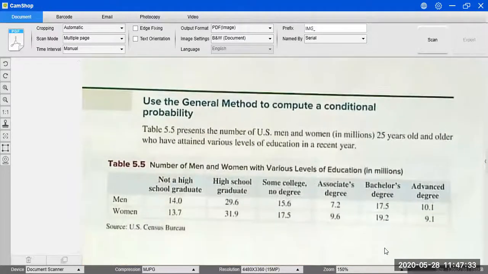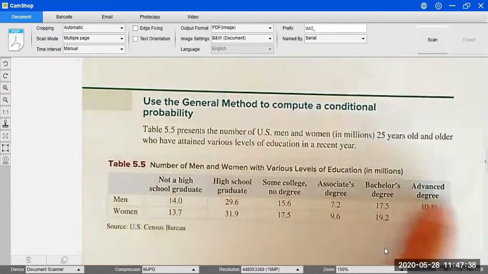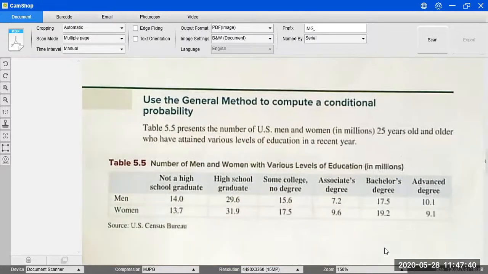The best way is to highlight the frequencies that favor both events at the same time. A man is the first row, but then we need a person with a bachelor degree, which is this column. The overlapping region is just this value, 17.5, the frequency corresponding to a man and a person with a bachelor degree at the same time.